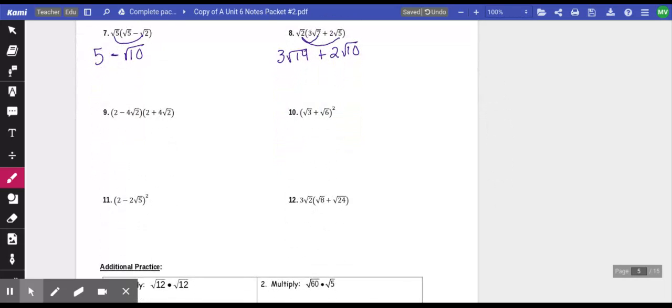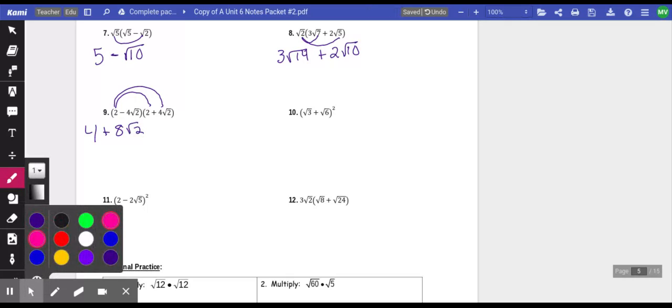Number 9, this is where I have to do my double distribute. So I do 2 times 2, which is 4, 2 times 4 radical 2, which is plus 8 radical 2. Then I distribute my negative 4 radical 2 times 2, which is negative 8 radical 2.